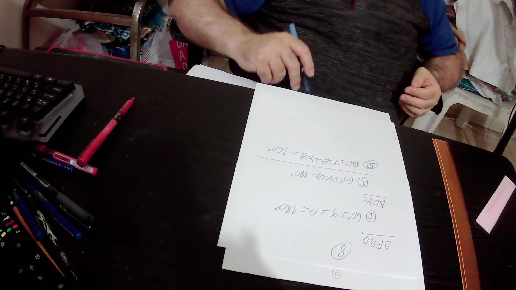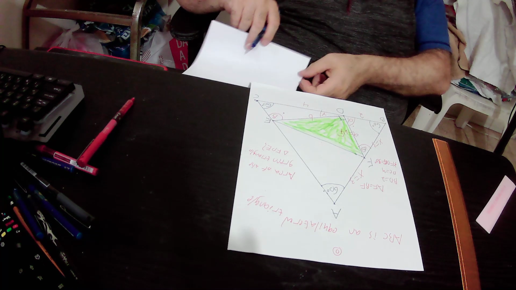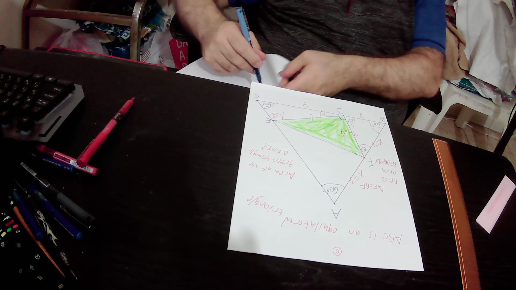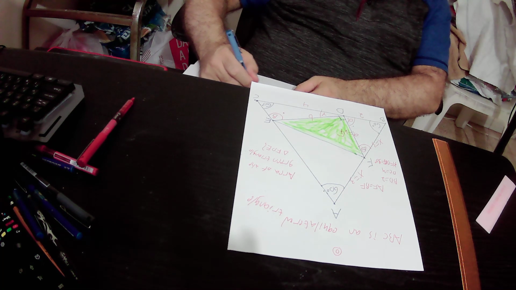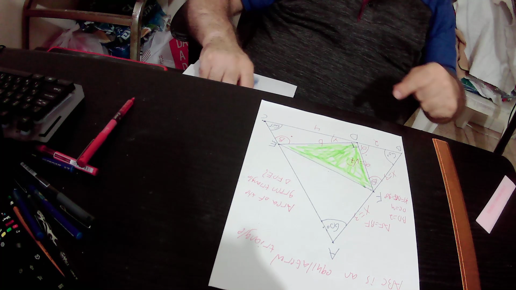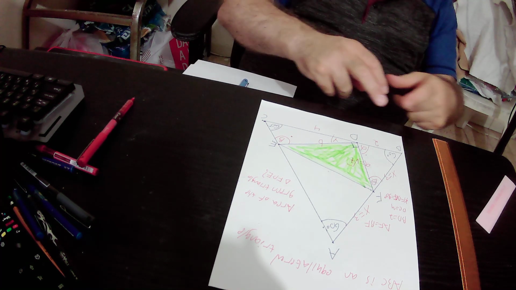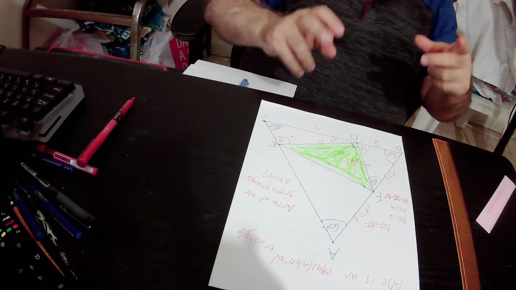Okay, and now we will create equation number 4 that states that the sum of the angles in the upper side of a straight line equals 180 degrees.